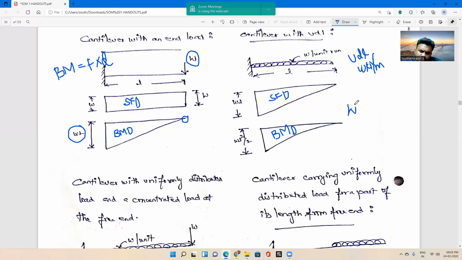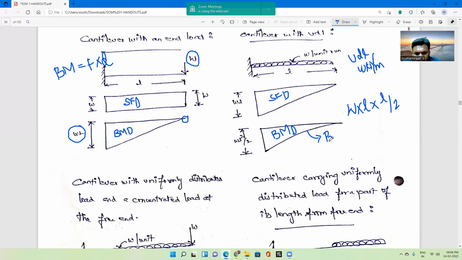The force will be W into L, which is the load converted from UDL into a point load, and the distance will be L by 2. So you obtain the magnitude of the bending moment as WL square by 2, along with a parabolic variation.